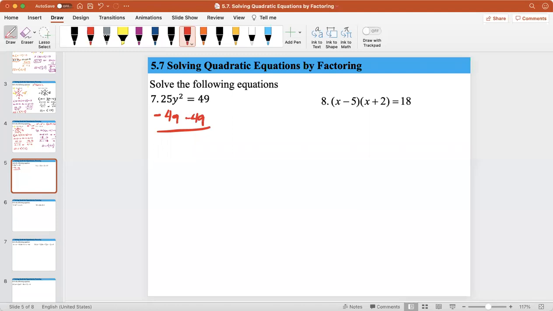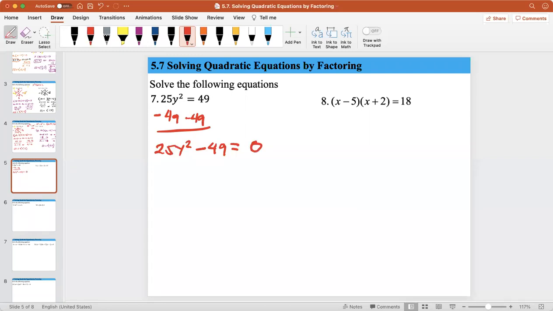And we have 25y squared minus 49. You cannot subtract these two because these are unlike terms. So we simply copy 25y squared minus 49. And that will now be equal to 49 minus 49, 0.